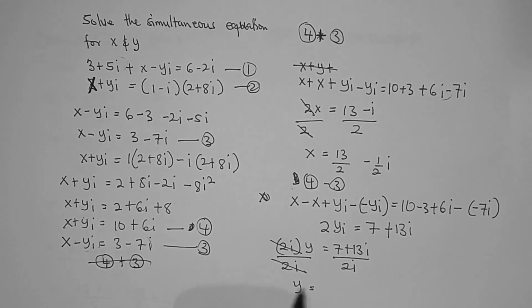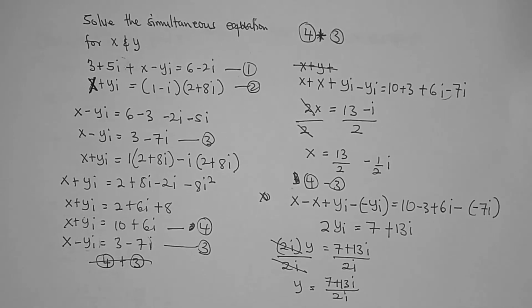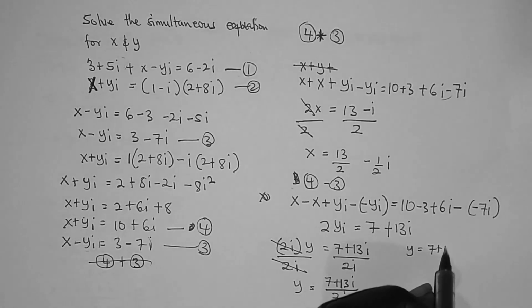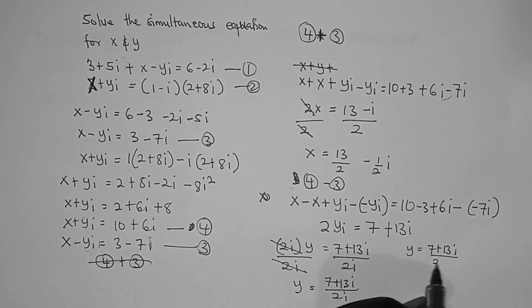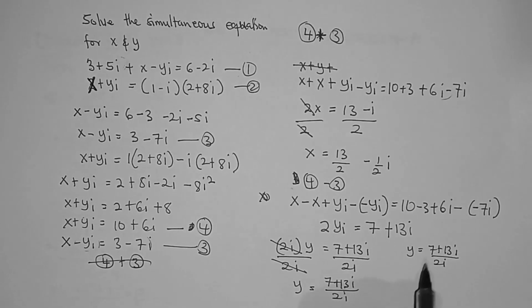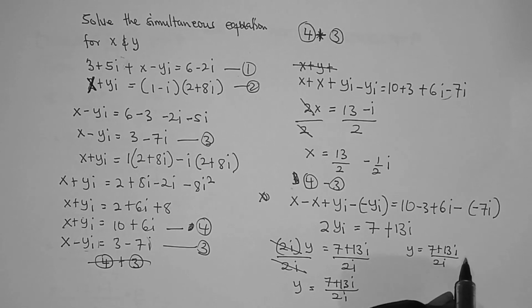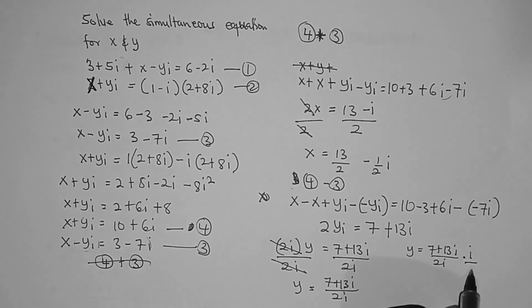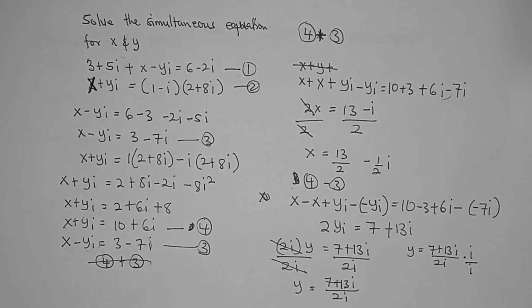So y is equal to 7 plus 13i divided by 2i. Now let me continue from here. What we do here is rationalize by multiplying both the numerator and denominator by i.